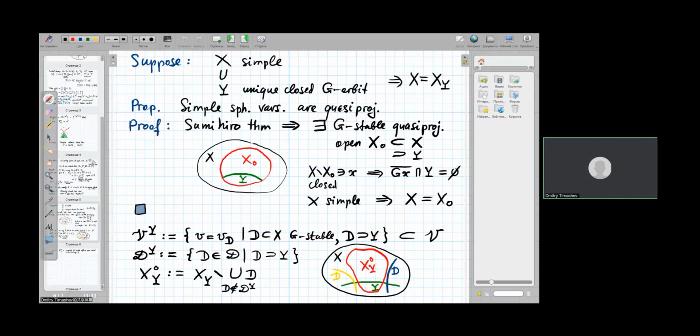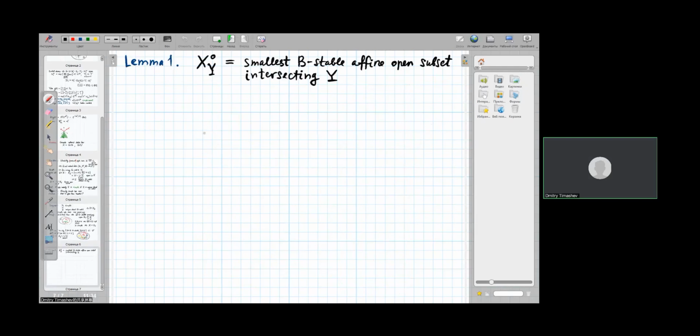We already see from the definition that it is open. We want to prove that it is affine. It is an affine variety, and we want to prove that it is contained in any other affine open subvariety intersecting Y. Okay. And also, in addition to this statement, is the description of the coordinate algebra of this affine open subset.